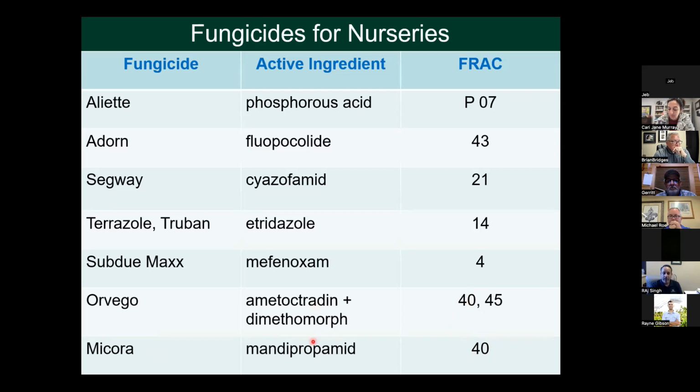Dimethomorph and mandipropamid have the same mode of action, so rotating these two fungicides is not a good idea. Rotating Truban with Subdue Maxx is a good idea. In your nurseries, you should have at least 2 or 3 of these different chemistries on hand when it comes to Phytophthora.